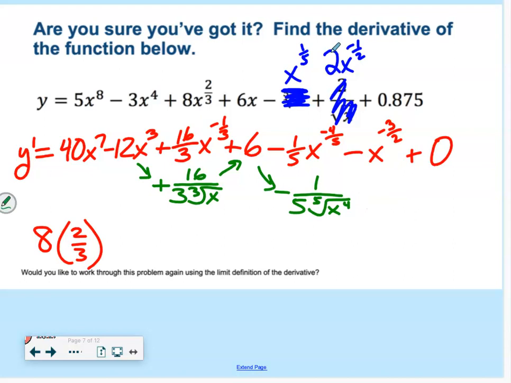And then this guy would be minus 1 over the square root of x cubed. Or you could write x root x, right? And that plus 0 can just go. So I don't care if you simplify your radicals or not. If you leave square root of x cubed, that's fine. All right. Any questions?